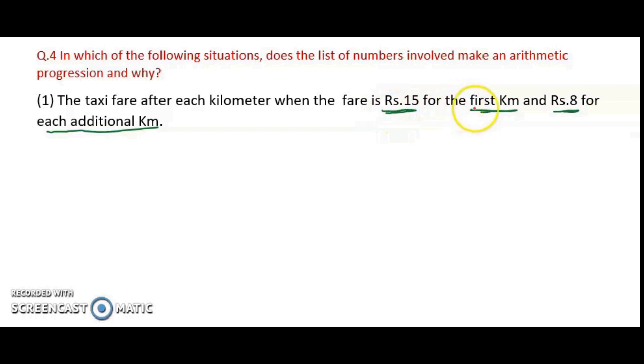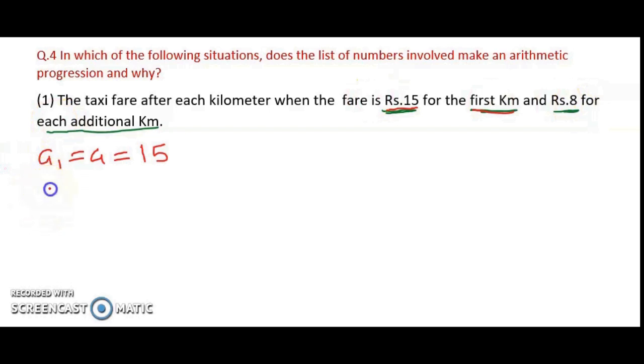So you can see for the first kilometer the fare is rupees 15. So we can say A1 or A, that is the first term, will be 15, and rupees 8 for each additional kilometer.